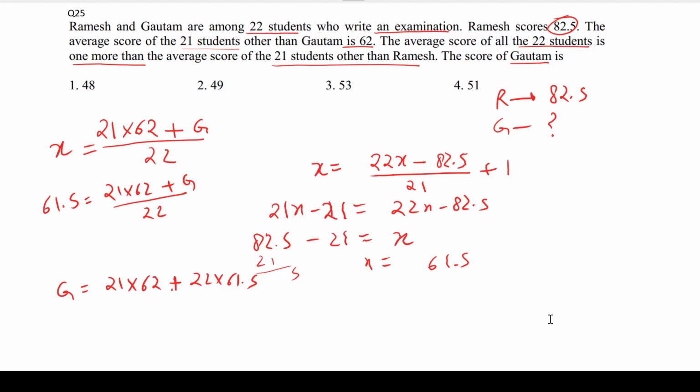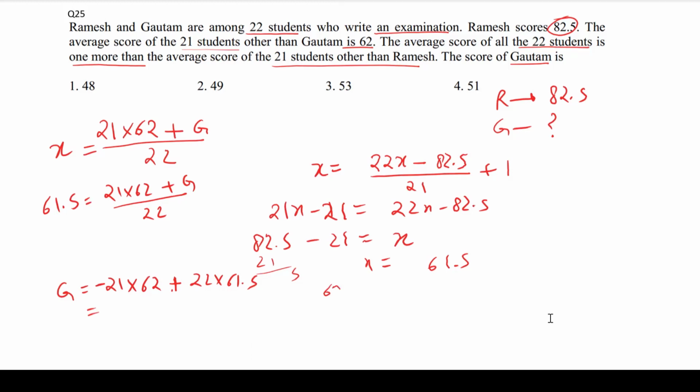This will be plus, this will be negative. 62 into 21 is 1302, minus 61.5 into 22, which is 123 into 11, that is 1353. So 1302 minus 1353 gives the score. 51 will be the answer.